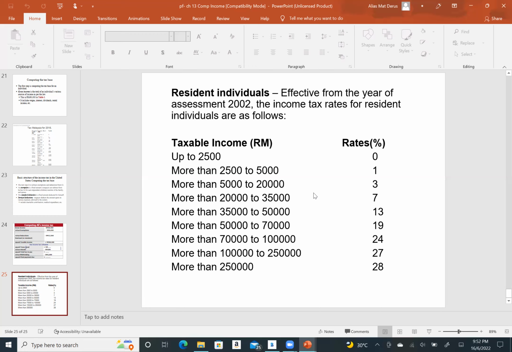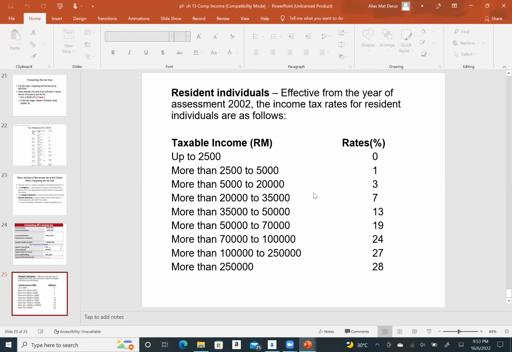What is number one in terms of the bracket? Just look at the bracket. The range of income is getting higher. The range is different. The first bracket is from 0 to 2,500. The range is only 2,500.